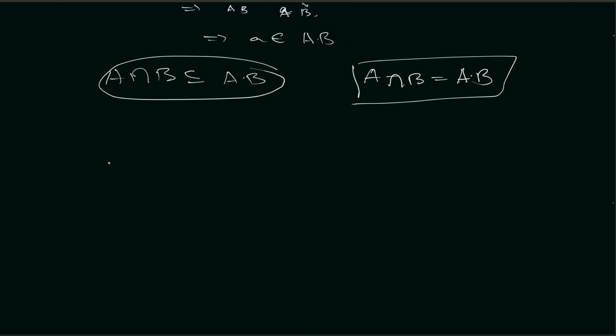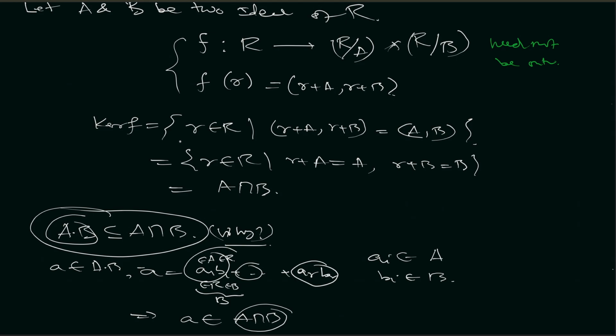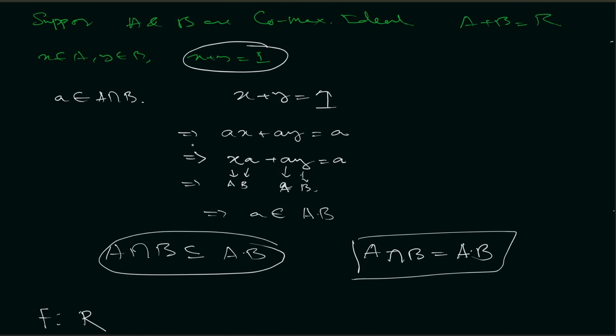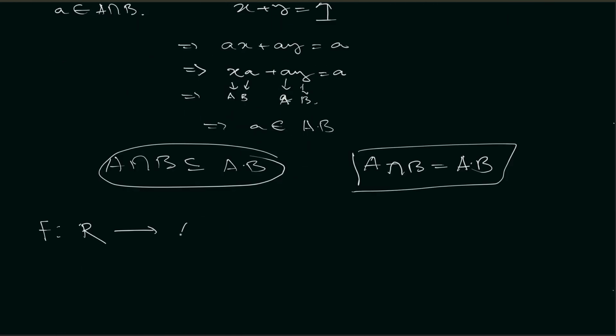Before that, you have the map. Let me write it again. f is a map from R to R quotiented by A cross R quotiented by B. This is my map, and A and B were my co-maximal ideals.